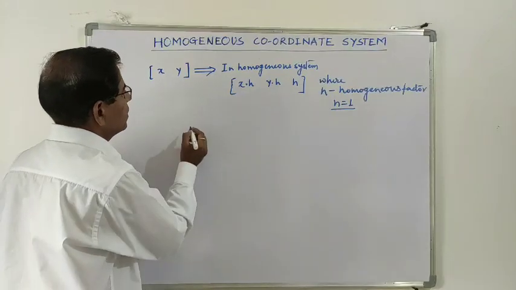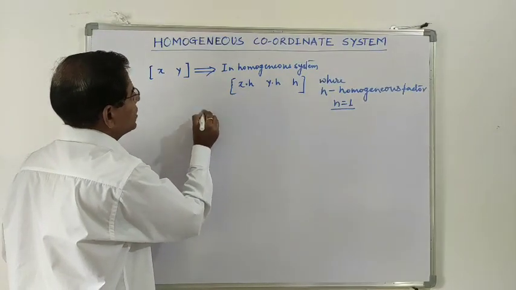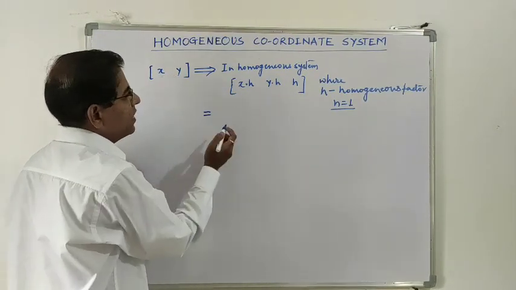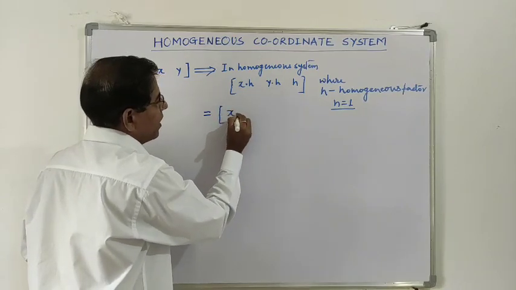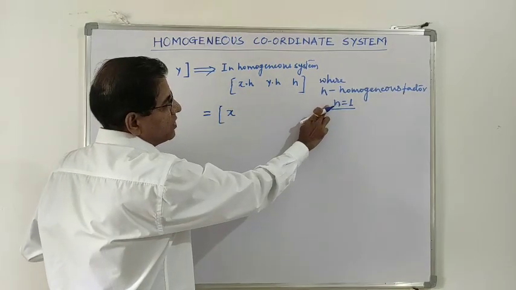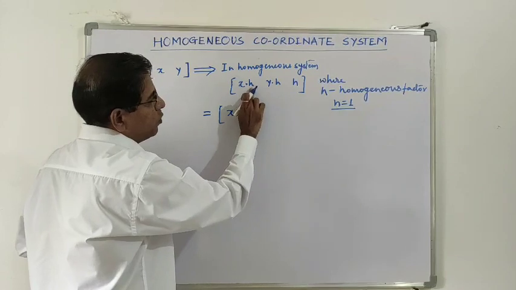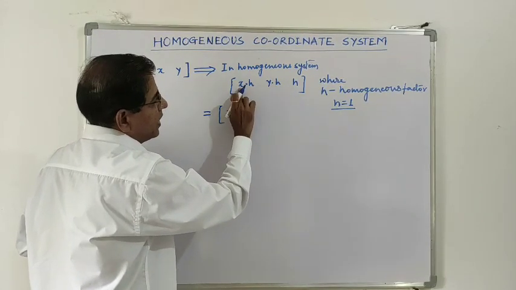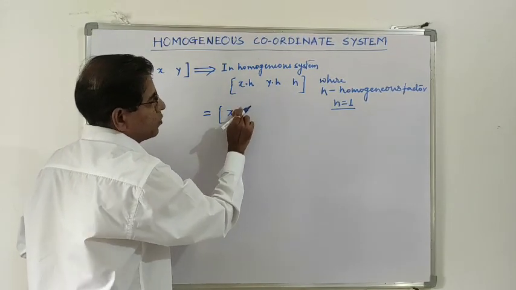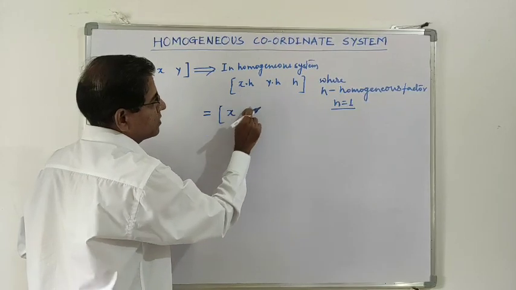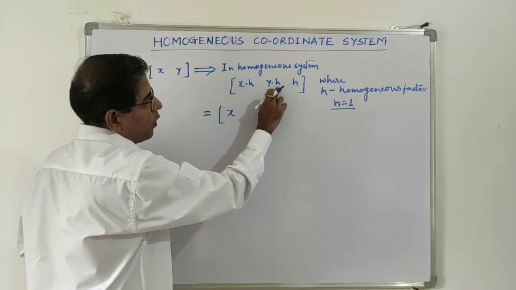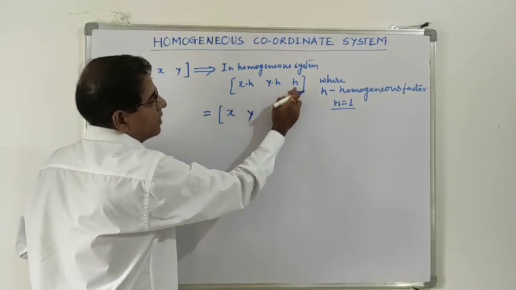So that means this point x, y is represented by, since the value of h is 1, x into h becomes x, y into 1 becomes y, and this is 1.